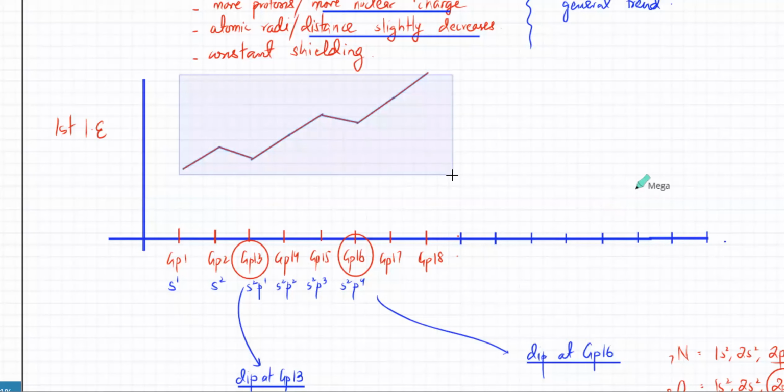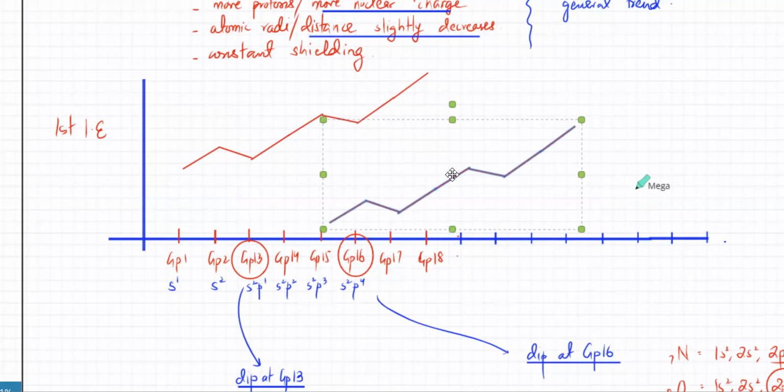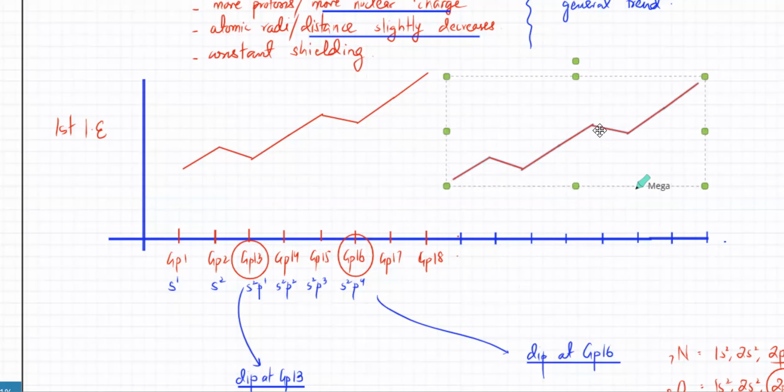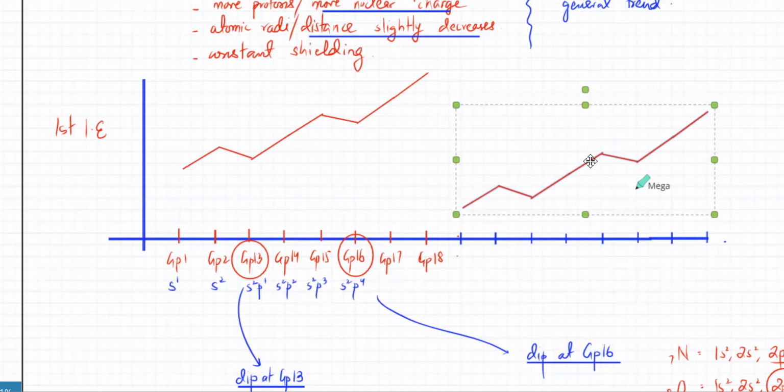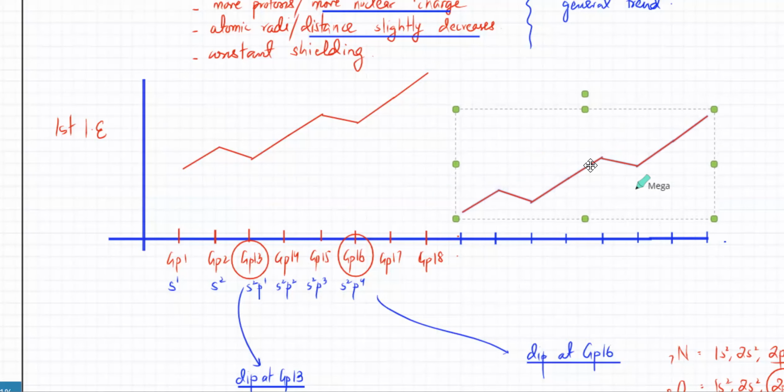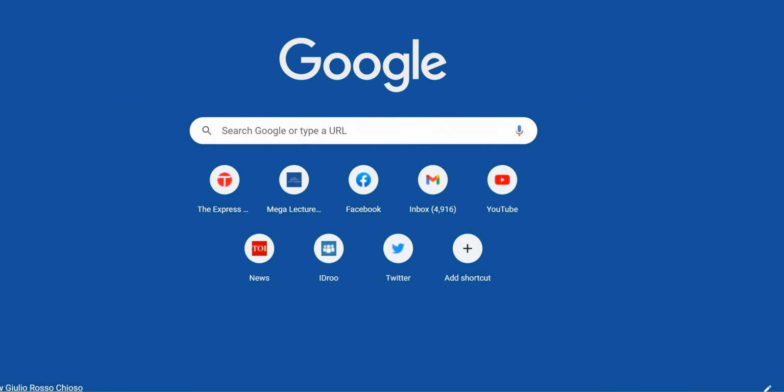So a lot of questions are going to be about consecutive proton numbers, which is basically you traveling across the period. The trend is going to be exactly the same, except that it's going to be slightly lower, and this is what I'm talking about.